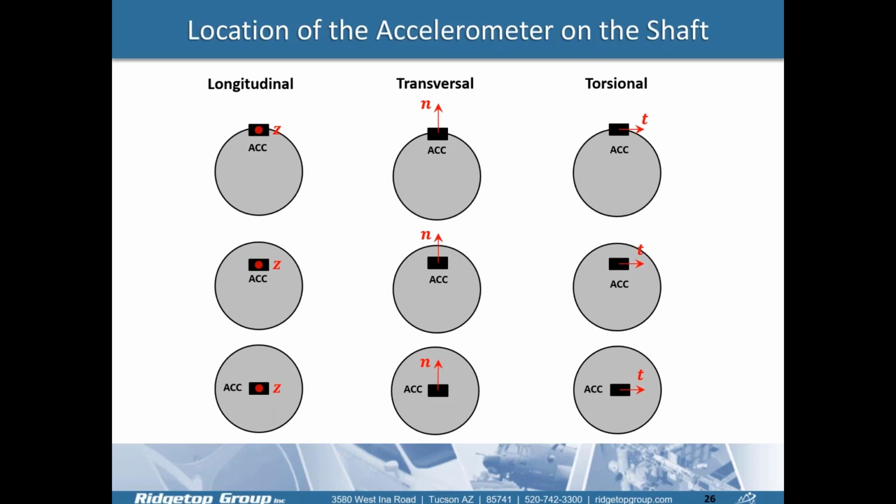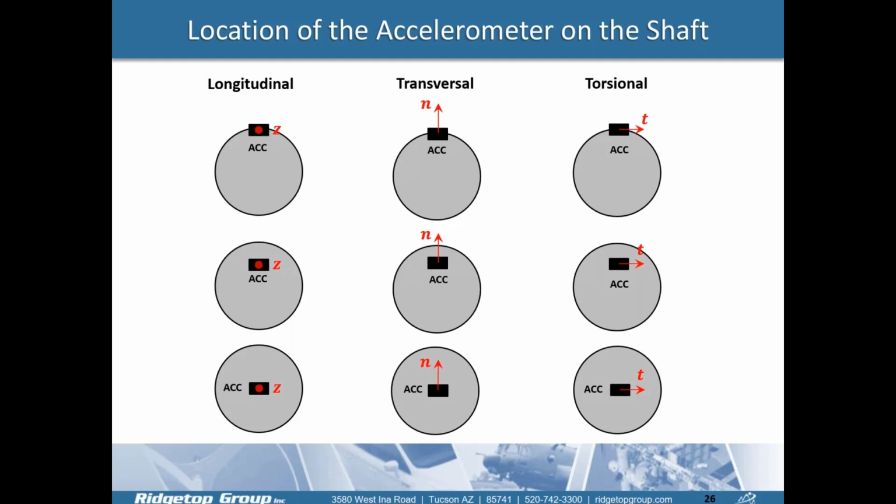But anyhow, we are doing it on the center, on the middle, and on the perimeter of the shaft to see how things change. And the same thing for the torsional. As you see, the location of the accelerometer in each row is the same, but the direction that the acceleration is recorded is different.